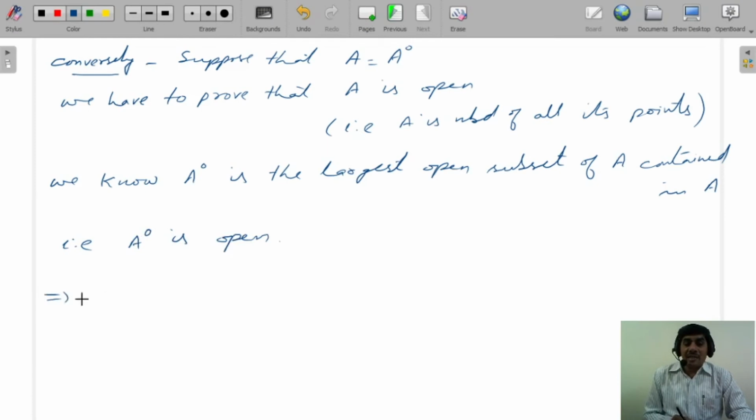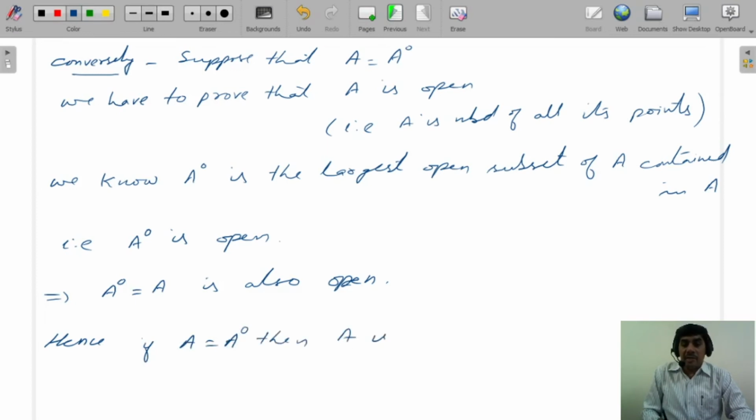This implies A interior, which is equal to A, is also open. Hence, if A is equal to A interior, then A is open.